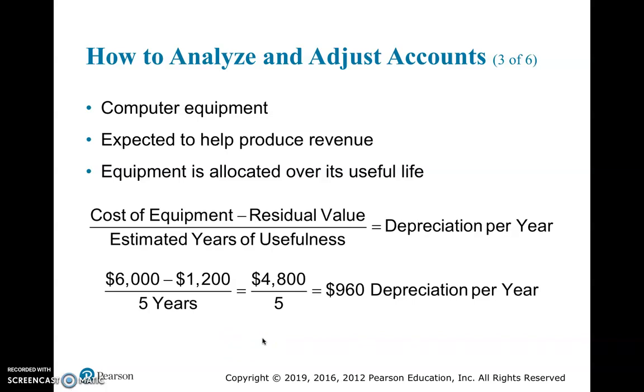GAAP requires that assets purchased, except for a couple of exceptions, once we buy them, we record them at the price we paid. And if the price goes up and down because of the market, those assets will not be changed to their market price, except for inventory and investments, which is beyond this class.